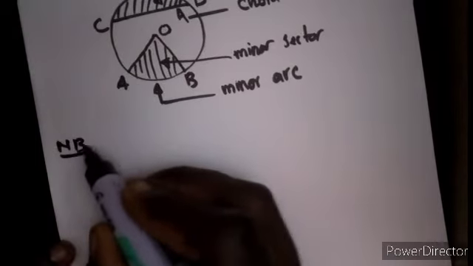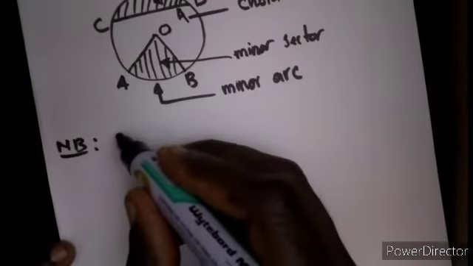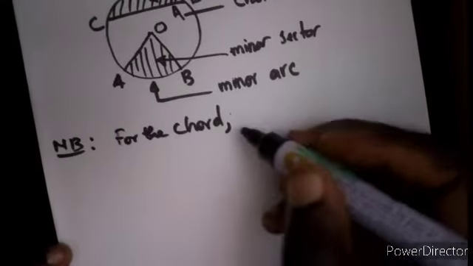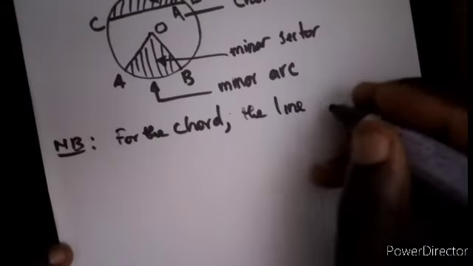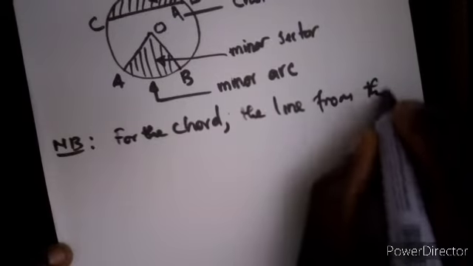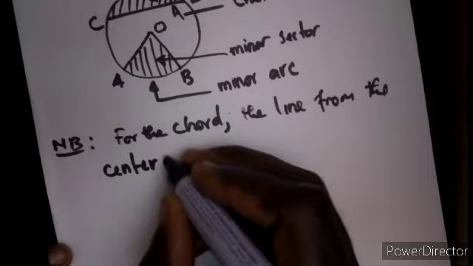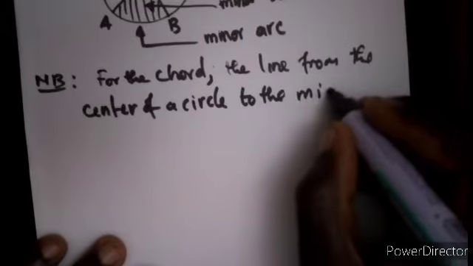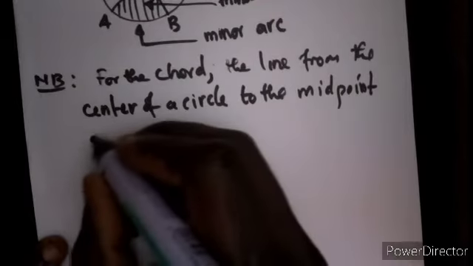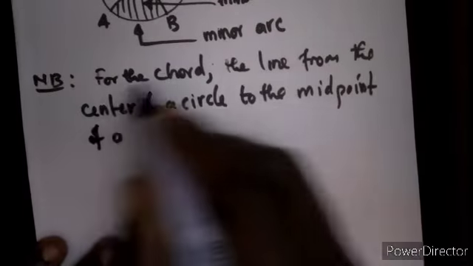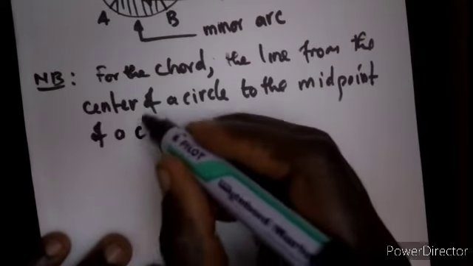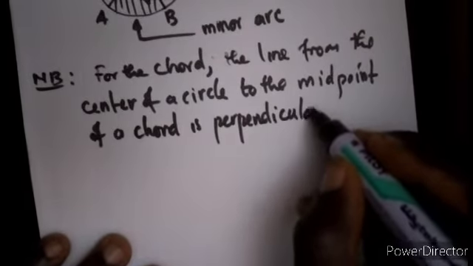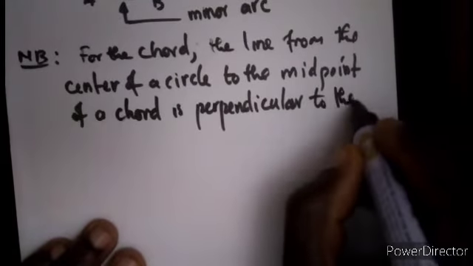Very important when it comes to the chord: the line from the center of a circle to the midpoint of a chord is always perpendicular to what? To the chord itself.